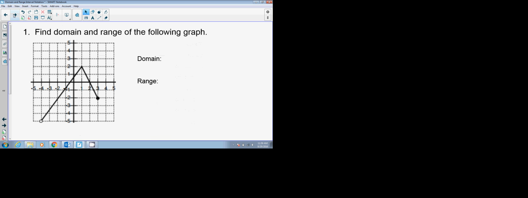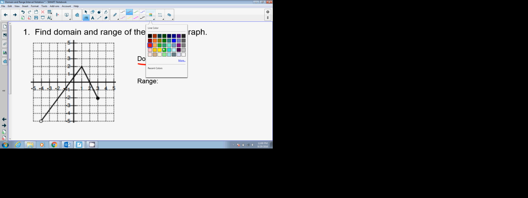All right, so let's look at some examples of finding domain and range on a graph. I'm given the following graph, and I want to find the domain and range. So let's start off with domain. With domain, we are only interested in the x values. The x values are like the width of the graph.